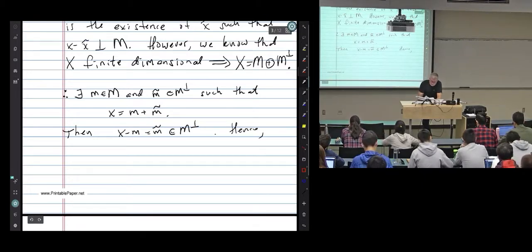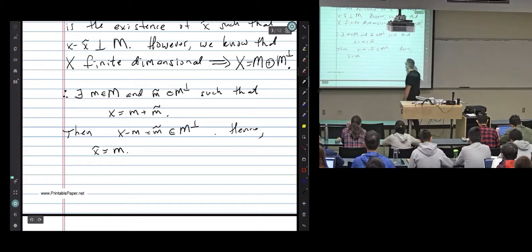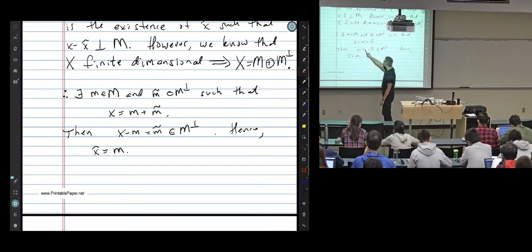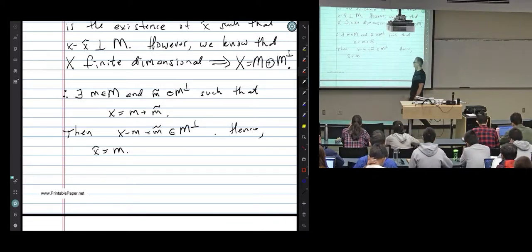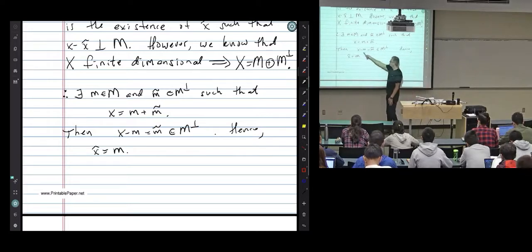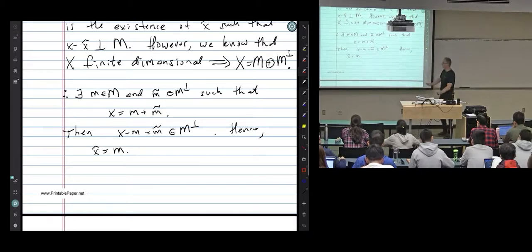Hence x hat is equal to m. So x minus m is m tilde, which is in M perp. So we now know that x hat exists. I can take x hat equal to m when I write x like this. So as soon as I write x as something in M plus something in the orthogonal complement, I'm done. I've solved the minimum distance problem.